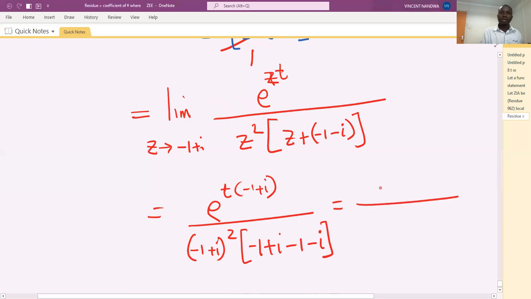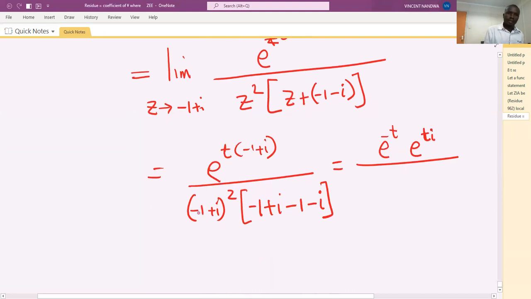Or we can write this one as e raised power minus t times e raised power ti. Then the square of this one will be negative 1 squared plus i squared plus twice minus 1 times i.